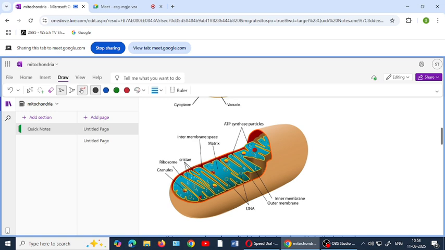Okay, so in this matrix what all things can you see? Okay, read it loudly. Granules, ribosomes, ATP synthase particles, DNA. Okay, these are the components of the matrix. So you can see the granules and the ribosomes. Ribosomes are always small structures.